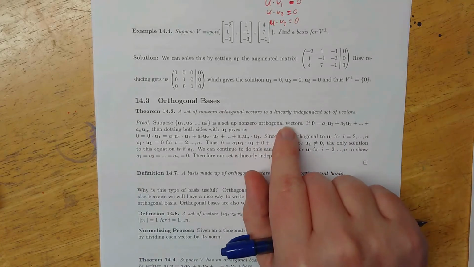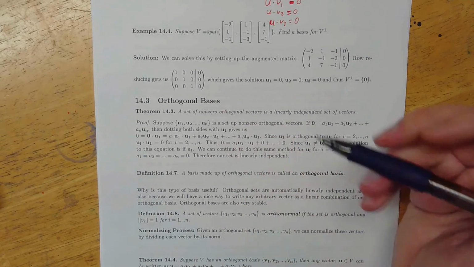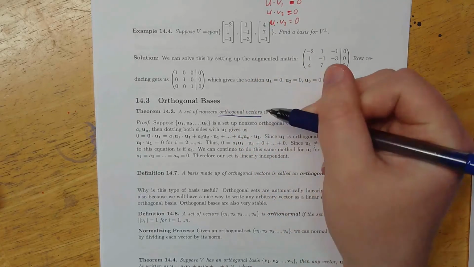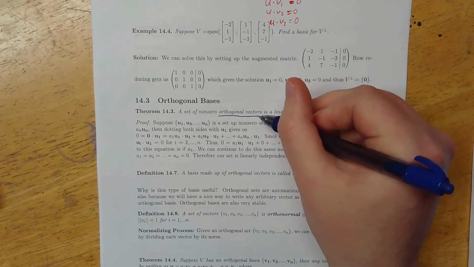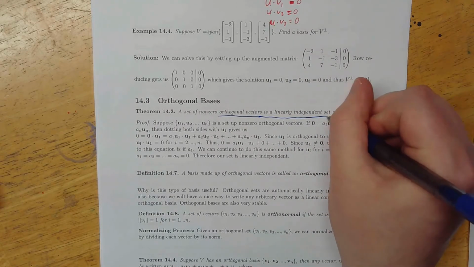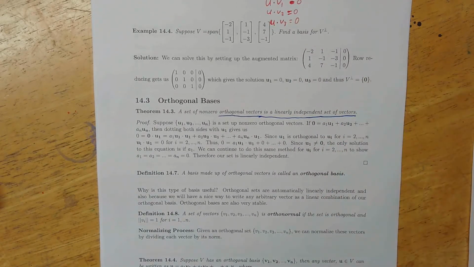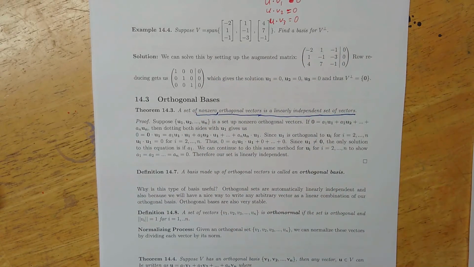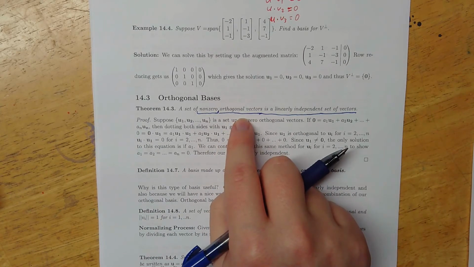So this is really good to know. If we've got a set of orthogonal vectors, then that set of vectors is going to be linearly independent right away, as long as they're also non-zero. So if they're orthogonal, we get the linear independence immediately. That's kind of nice for us.